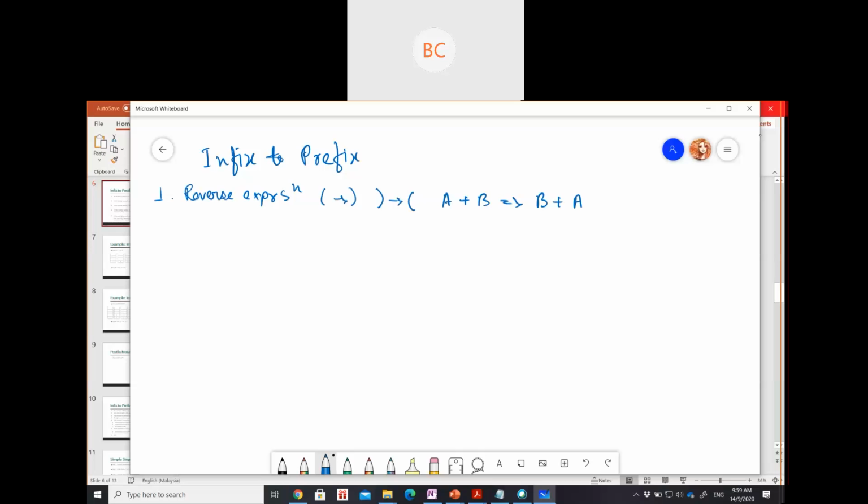If you have brackets, suppose your expression is like this, then you need to reverse everything. That means the expression will look like this, isn't it? See, this one will remain like this, and this one and this one. After that, you need to convert it again like this.